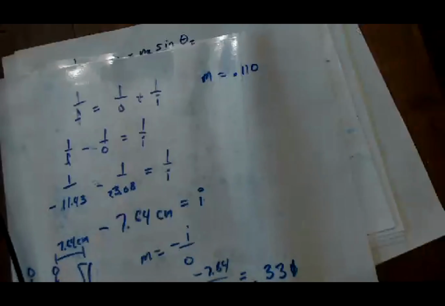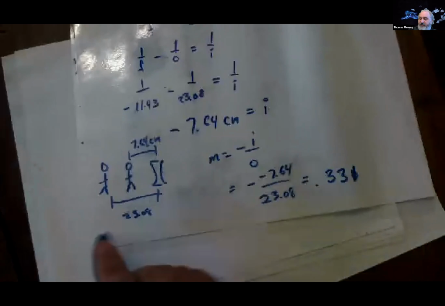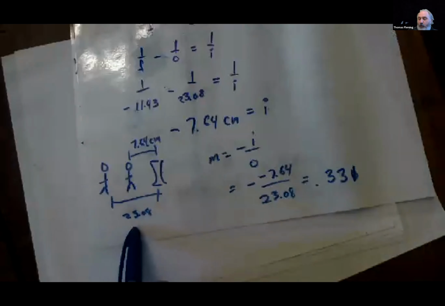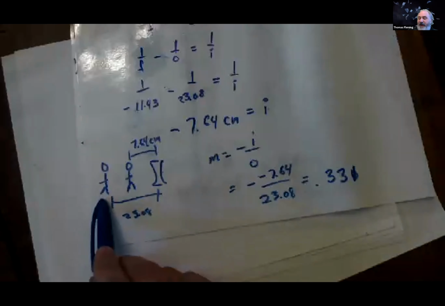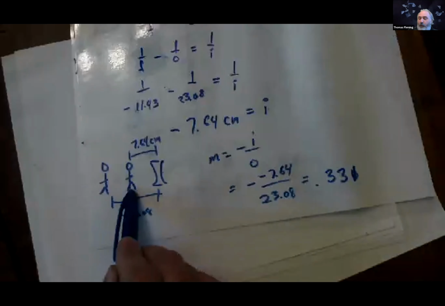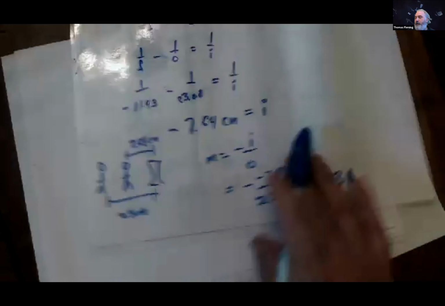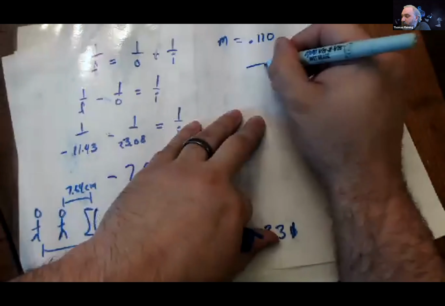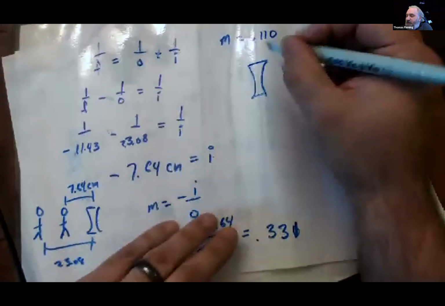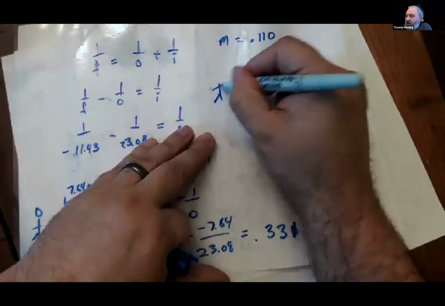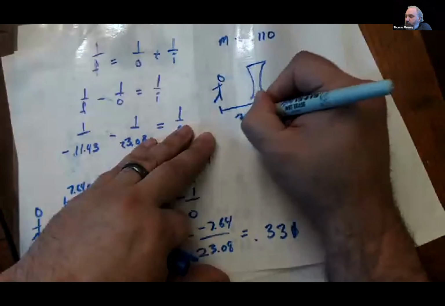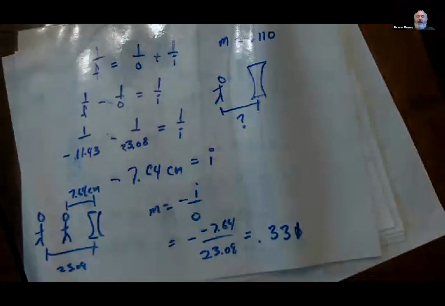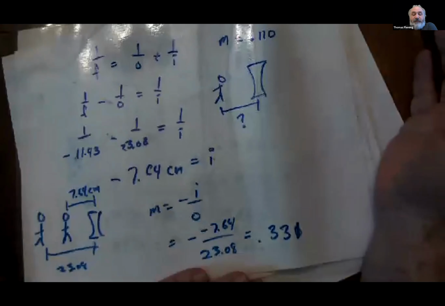So I can't put my object in the same location that I had it before. If I put the object here, I get an image that's the wrong size here. So I've got to move this guy around. Now I'm going to go back and solve the problem again, only this time my object is I don't know where, and I'm solving for O. But I don't know where the image is going to be either.